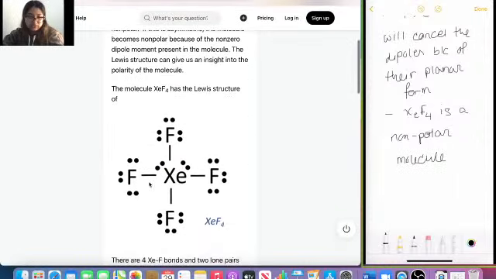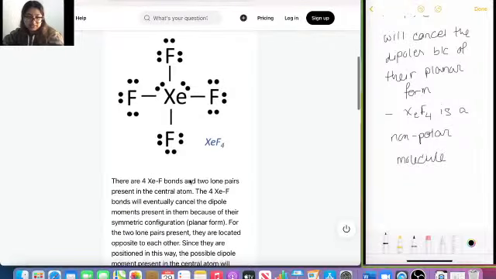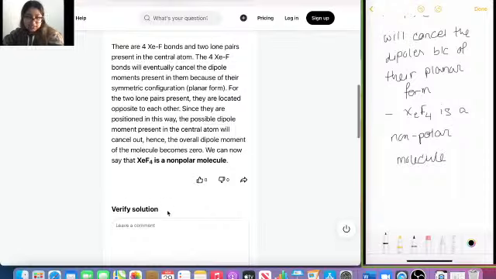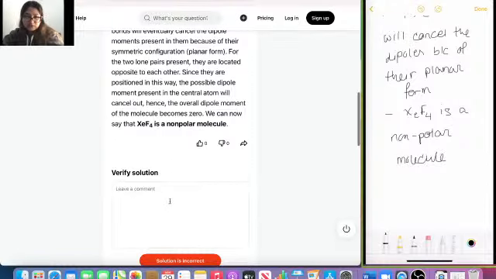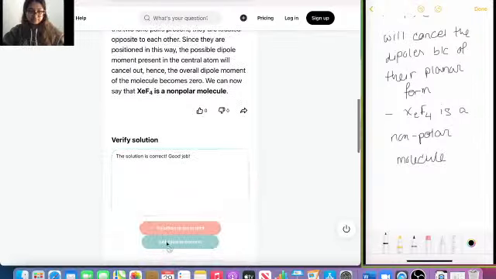The form over here is planar, they're all basically the same, and so we can say that XeF4 is a non-polar molecule. Okay, and so the solution is correct.